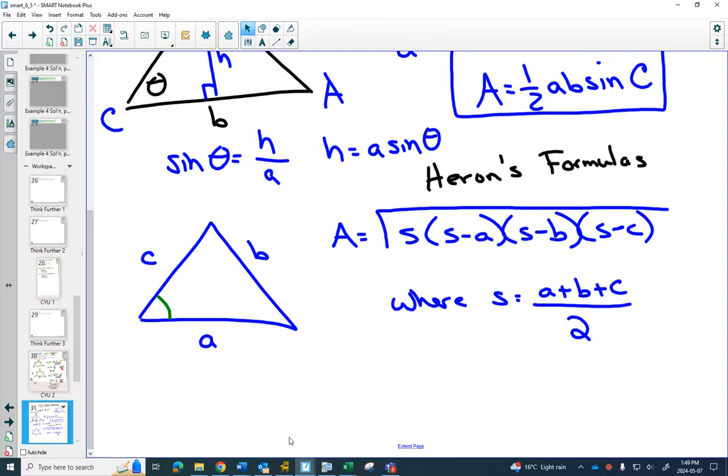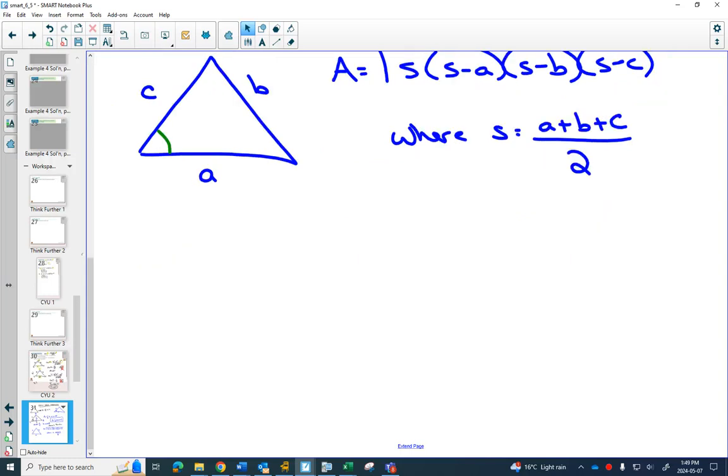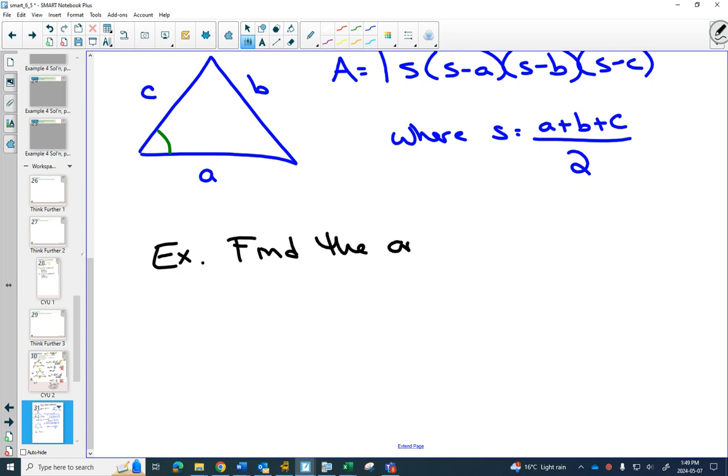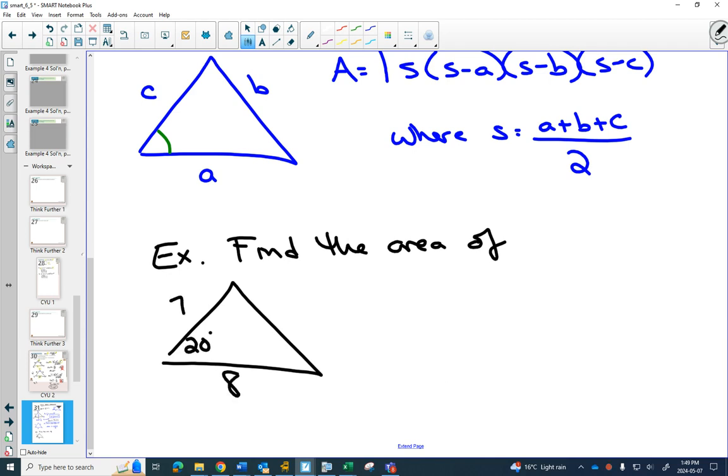All right, so I'm going to just do 2 examples, or until the bell goes. Find the area of this.